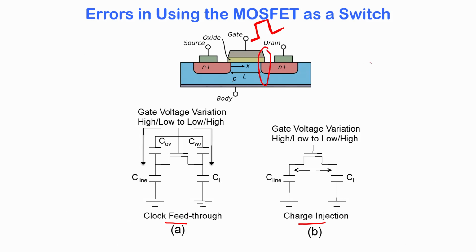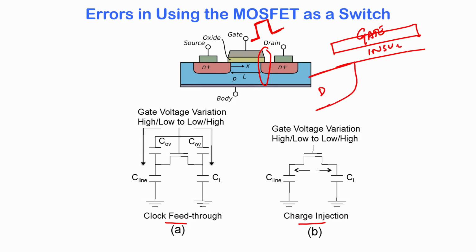region. So, let me just exaggerate the MOSFET structure a little. We have the gate, we have the insulator, and the region near the source and drain. So, these are the drain and the source regions. The gate had a little overlap with the drain and source electrodes.